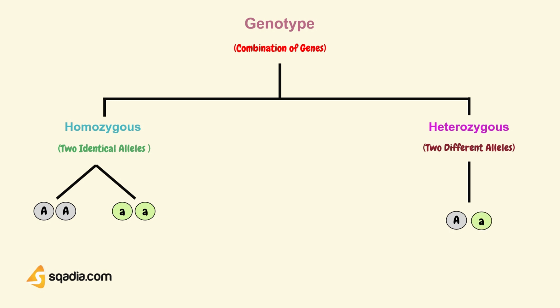In order to understand the concept of genotype, let's consider an example trait, that is, albinism. It is a condition in which normal body pigments are absent. Like other traits, it is also controlled by one pair of genes. We can represent the two alleles of the pair as capital A and small a.